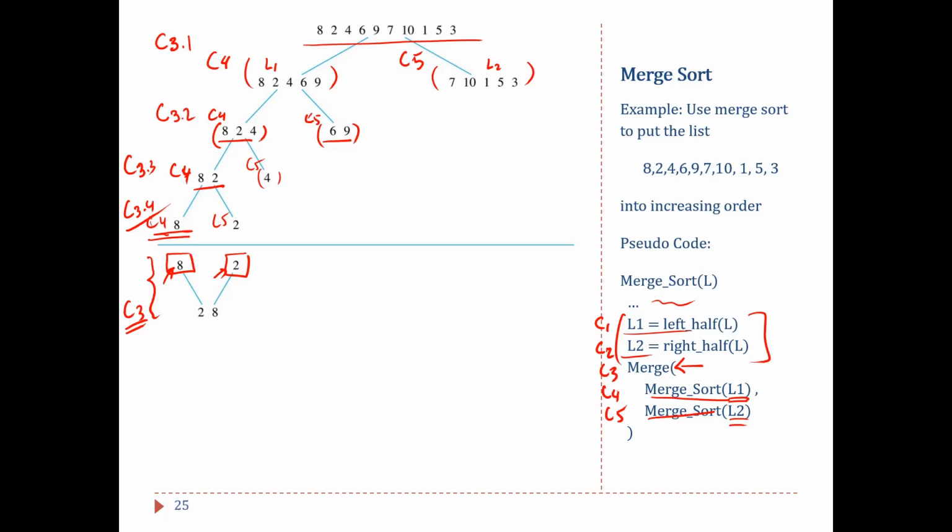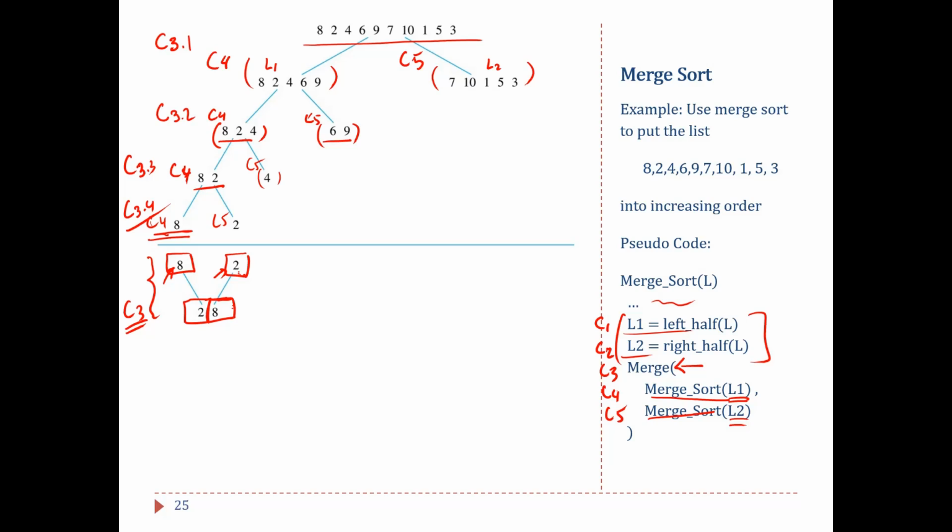It would take the smallest one, which is 2, and copy it at the first place. After copying 2 from this array, it becomes empty. So we can safely copy all the other values from the other array to this side here, and now we get 2 and 8.